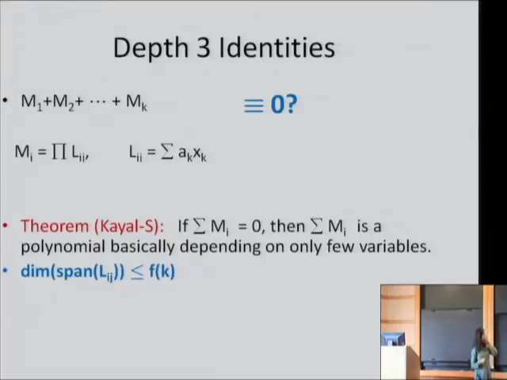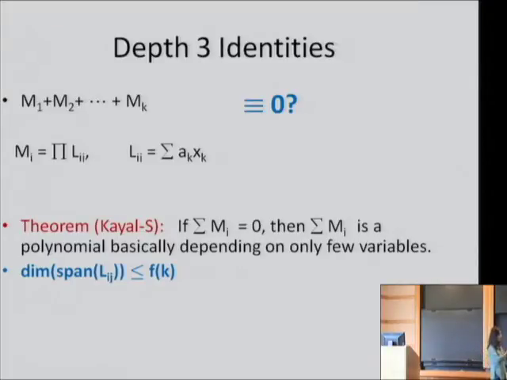So what I mean by this is, if you take such an expression, summation mi equal to 0, and you look at all these linear polynomials which appear in this formula. So look at each mi, look at this set of linear polynomials which appear in each of them. And each linear polynomial gives you an n-dimensional vector. You can just look at the coefficient vector of this linear polynomial.